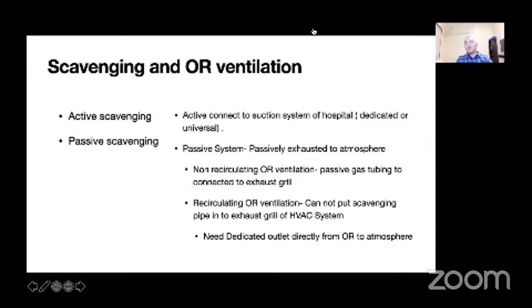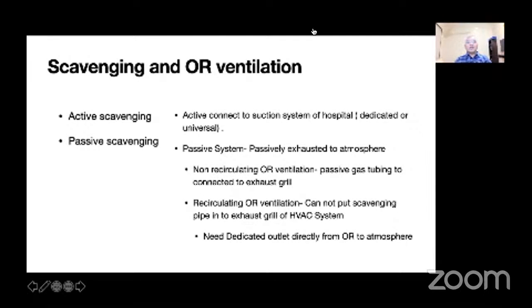You can use it with your OR ventilation system, because it is directly connected to the central suction, and waste gases are taken from the patient or anesthesia machine directly to the external suction system. Well, in a passive system, gases are passively exhausted to the atmosphere by the higher pressure of the gases.